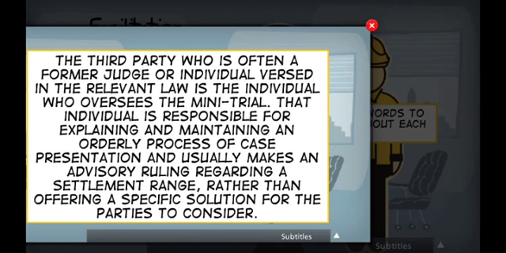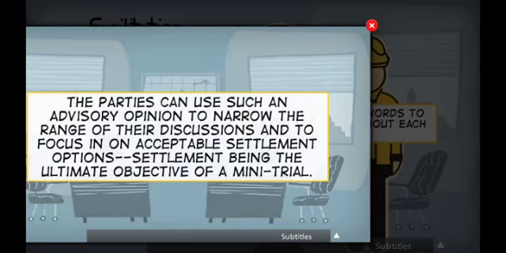That individual is responsible for explaining and maintaining an orderly process of case presentation and usually makes an advisory ruling regarding a settlement range rather than offering a specific solution for the parties to consider. The parties can use such an advisory opinion to narrow the range of their discussions and to focus in on acceptable settlement options, settlement being the ultimate objective of a mini-trial.